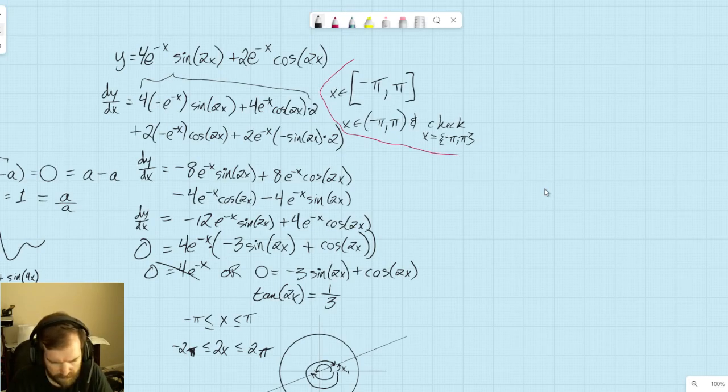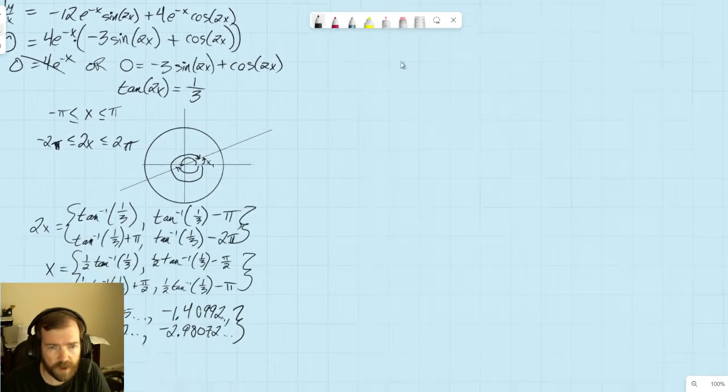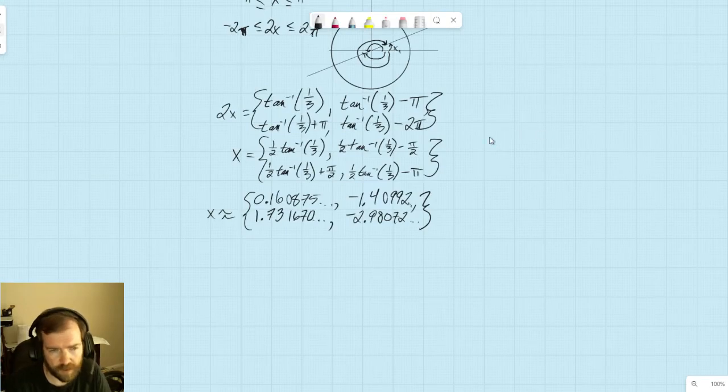Okay, so graph. Awesome. So, when we get this thing, now that we know where those locations are, we're going to take the original function of y equals 4e to the negative x times the sine of 2x plus 2e to the negative x cosine of 2x.